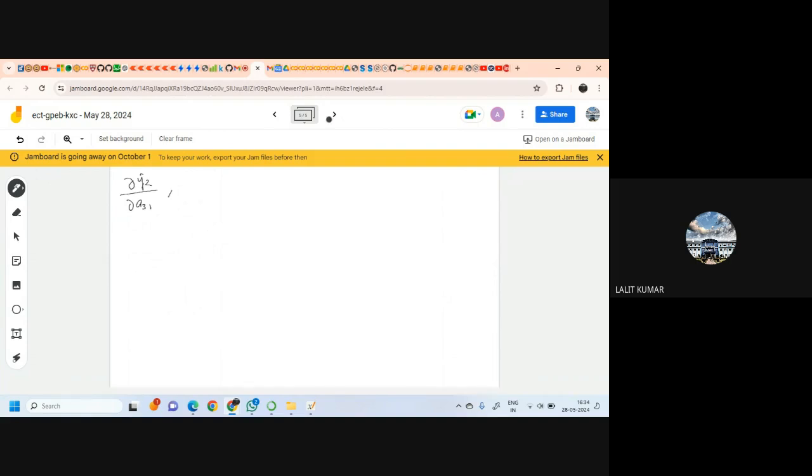Now ŷ2 is nothing but e to the power minus a32 into e to the power minus a31 plus e to the power minus a32 plus e to the power minus a33, and this I can write down with power minus 1.